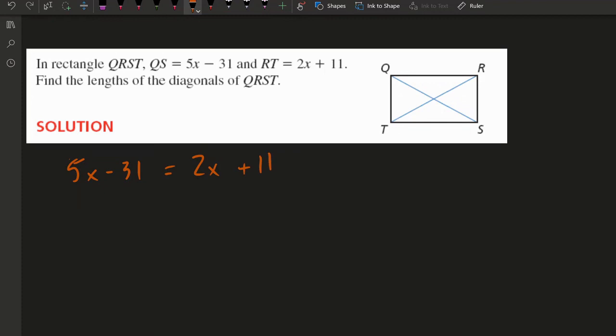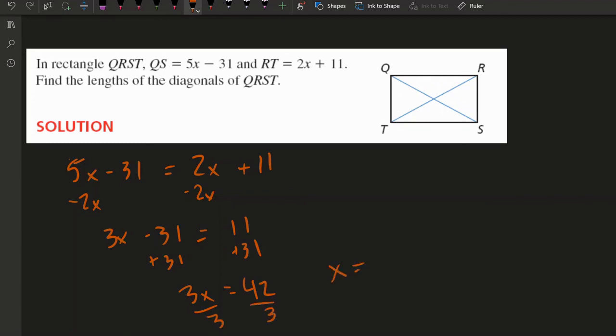And then I can solve that. So I'm going to subtract 2x on both sides. Now we'll get 3x minus 31 is equal to 11. We'll add 31 on both sides. We'll get 3x is equal to 42. Dividing by 3, we get x is equal to 14.